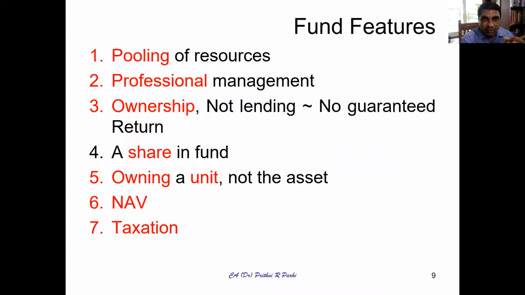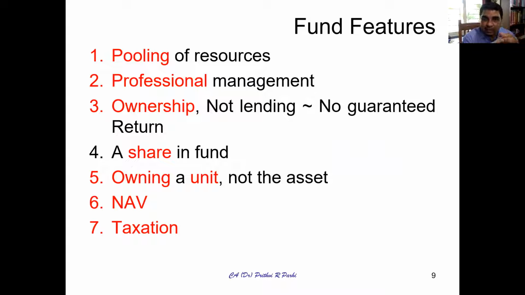Some specific features of mutual fund we have already discussed. It deals with pooling of resources, and the fund is managed professionally. Ownership means the people who invest become the owner of the unit. They are not the owner of the fund, they're owner of the unit, and they have a share in the fund.